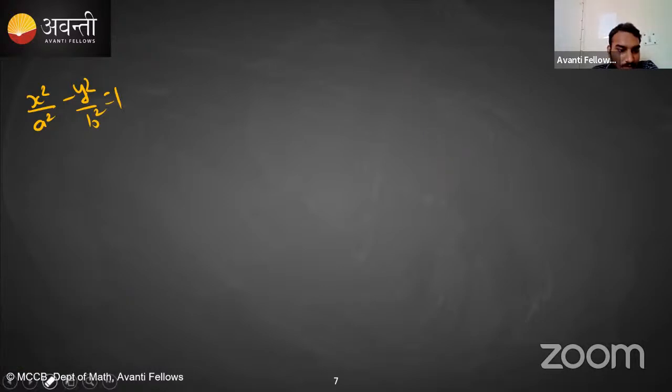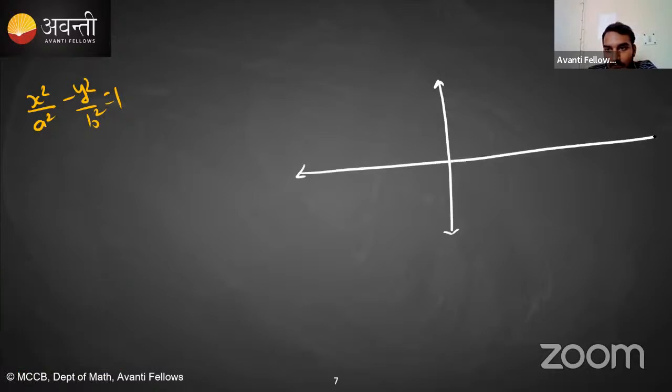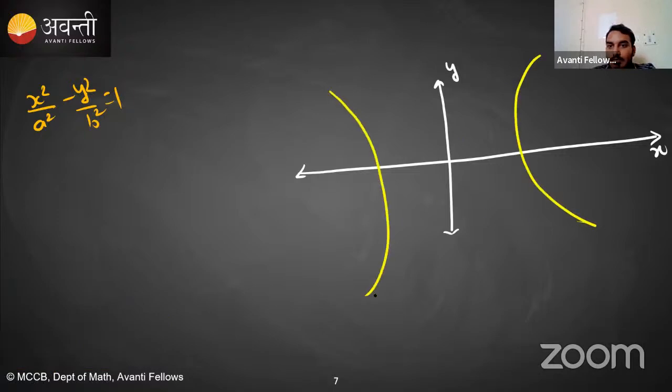Let's start. This is the x-axis, this is the y-axis. So students, when you draw this hyperbola, it looks like this.